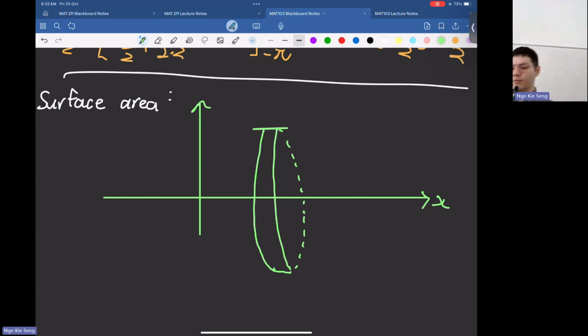So can you compute the surface area of this cylinder, just using this piece of curve here? First of all, can you see this is a cylinder or not? Okay. So what's the surface area here? Can you compute it, just using this piece of information?